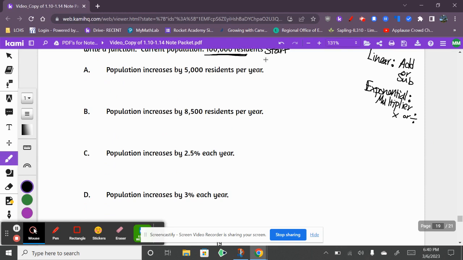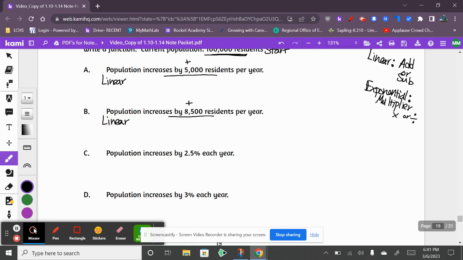For A, it says a population increases by 5,000 residents per day. So that's an increase of 5,000, so that would be using addition. So this one will be linear. When we look at B, it says increases by 8,500 residents per day. So that one is also addition, so we would also see linear.